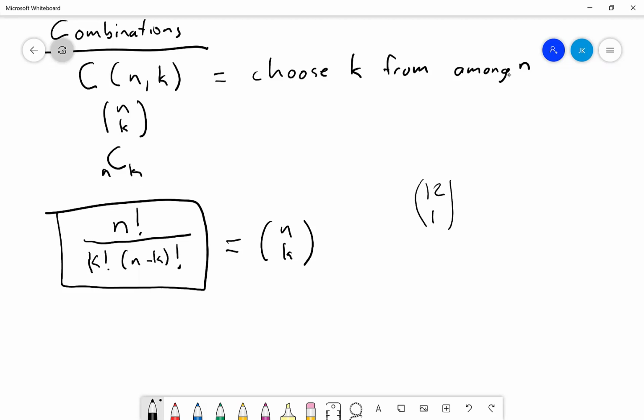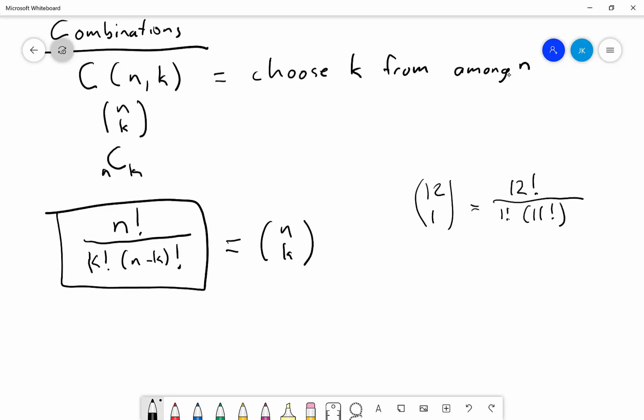How many different ways are there to choose one item from among 12? Well, the answer obviously is 12. That should be obvious. But if I went through and calculated this formula, I would first of all have to calculate 12 factorial. That's a big number. And then I would have to divide by 1 factorial and by 11 factorial.